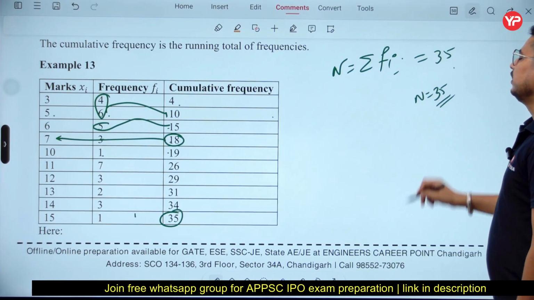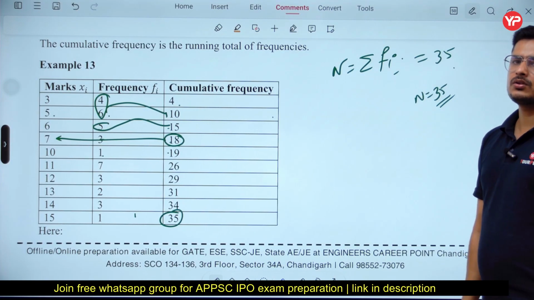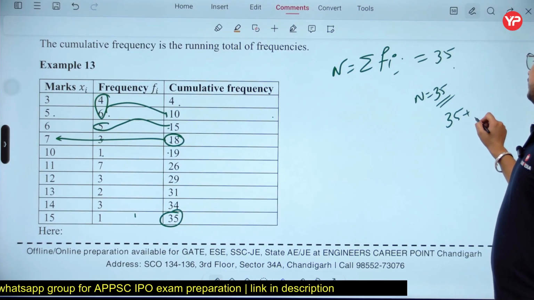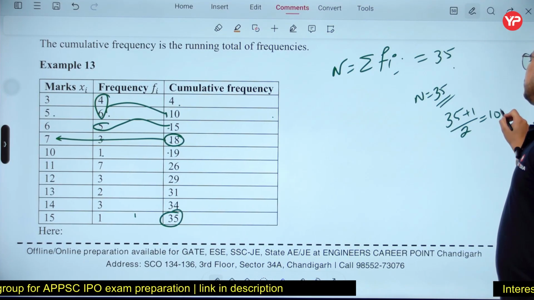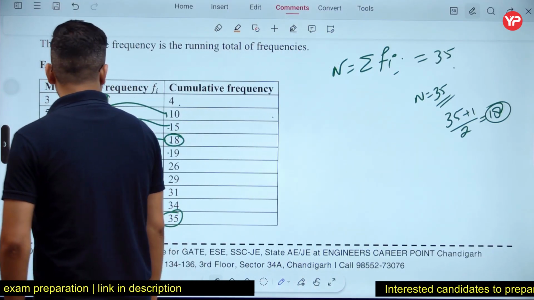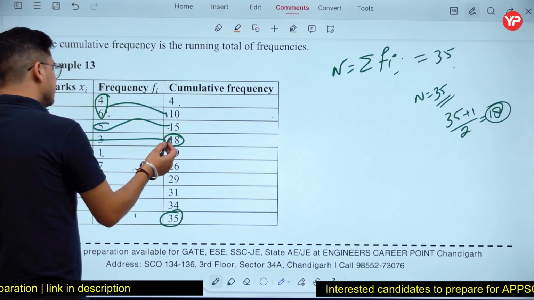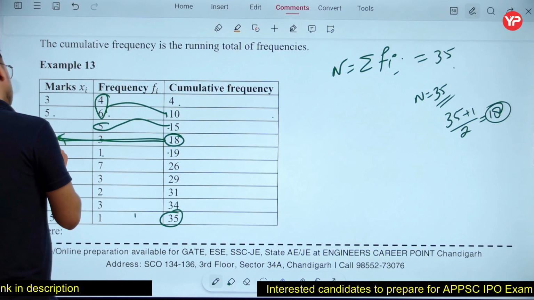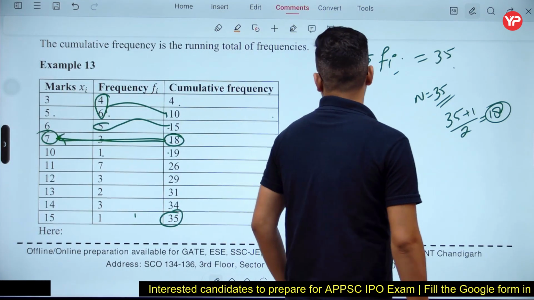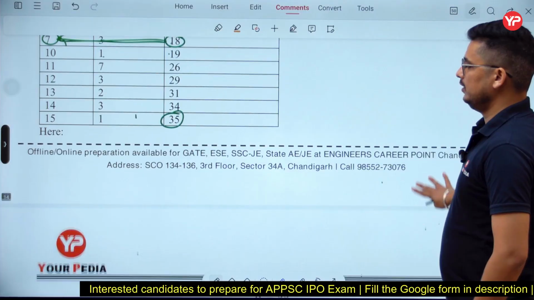35 is an odd number, so you add 1 and divide by 2. So 35 plus 1 divided by 2 gives you 18. So 18 will be the median position and the value will be xi. Xi is 7 at that 18th position.